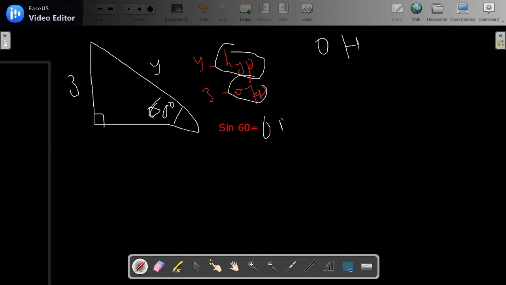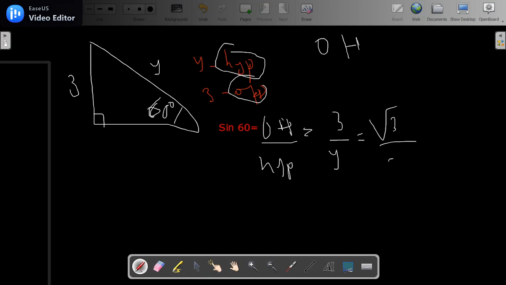The opposite is 3, the hypotenuse is y, and based on what we've done earlier, sine 60 is root 3 over 2 with the use of the special angle. So then root 3 over y will also be equal to root 3 over 2.